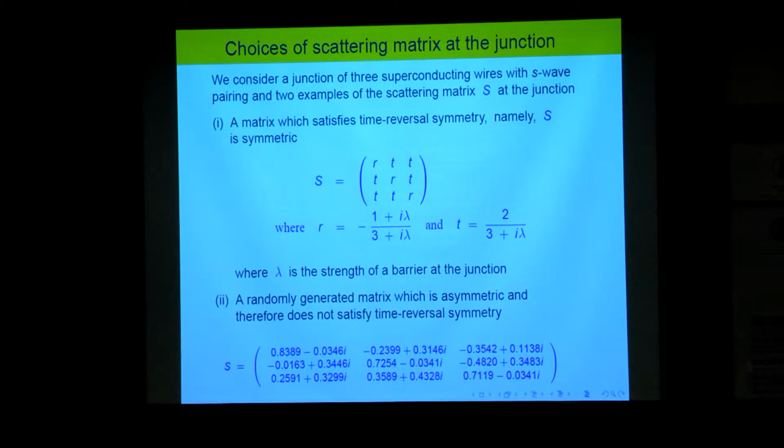This kind of matrix is called the Griffiths matrix, after the person who wrote the book on electromagnetism. It was first discovered in the context of waveguides, scattering inside a waveguide. This is the most symmetric matrix you can have, and it can be generalized to any number of wires. Physically, it corresponds to having a barrier which has a certain barrier potential, and that parameter lambda shows up in this.